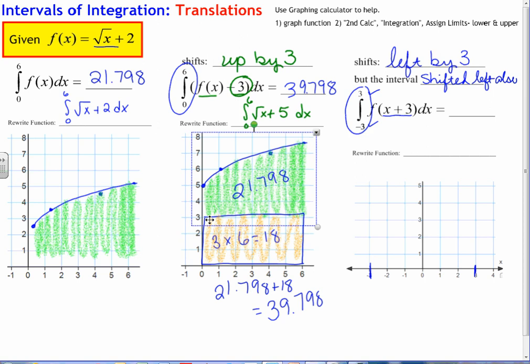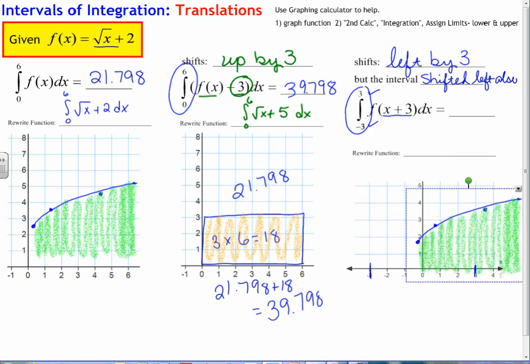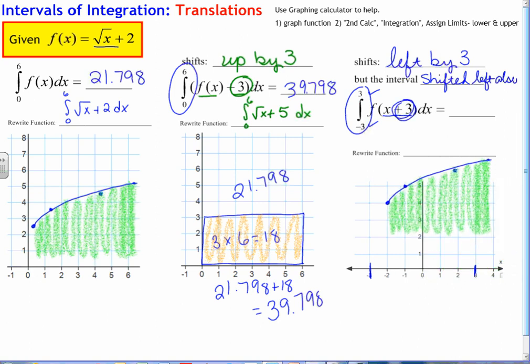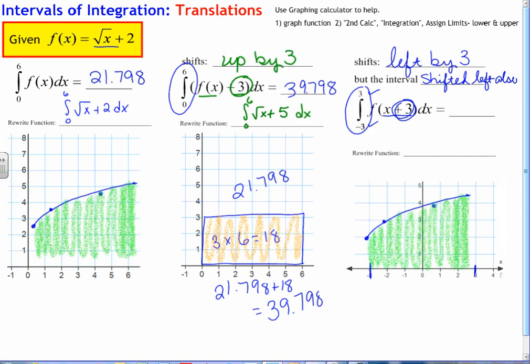So if I take this original function that was sitting here and shift it to the left by 3, I'm really just picking this whole thing up, and it's hopping to the left 3 units. Did the area change at all? No, it did not. It's still like the original, 21.798.